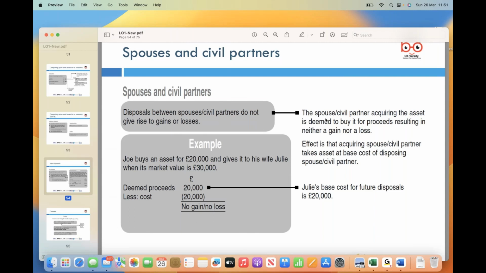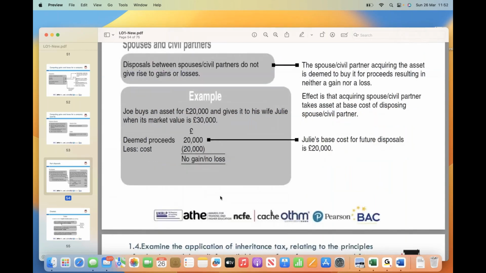So if Joe transfers an asset to his wife Julie with an original cost of 20,000 pounds but a current market value of 30,000 pounds, the deemed proceeds for Julie would be 20,000 pounds, resulting in no gain or loss.